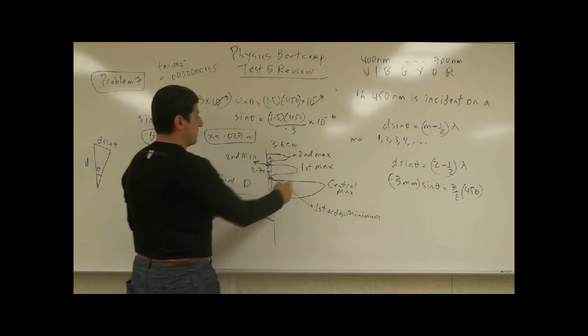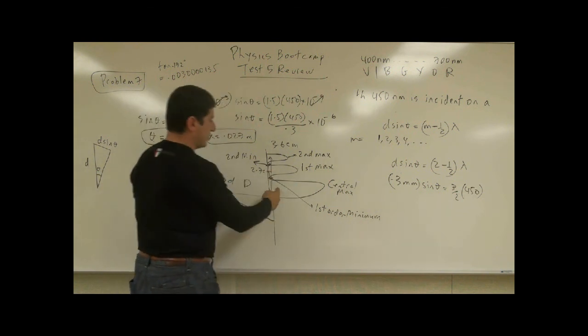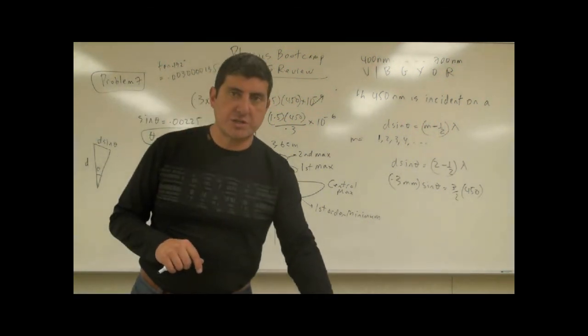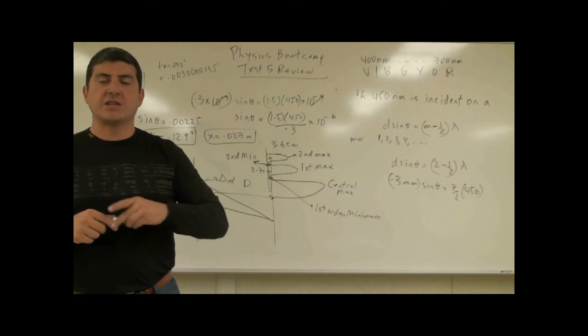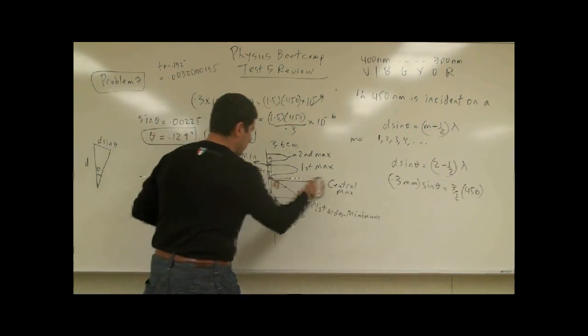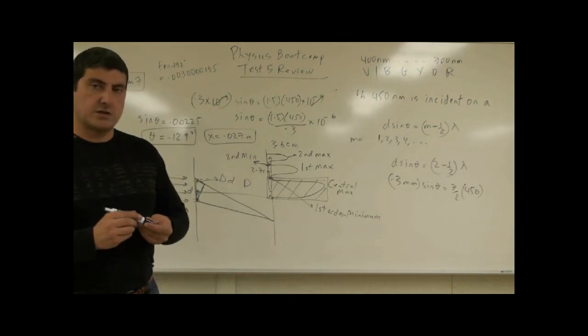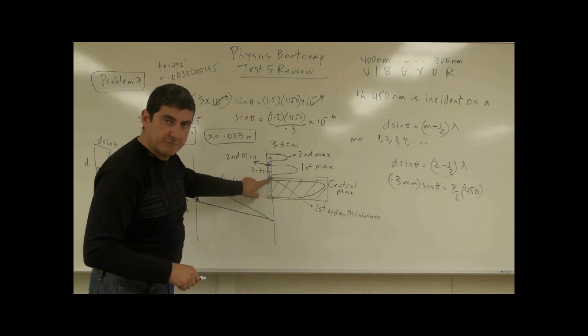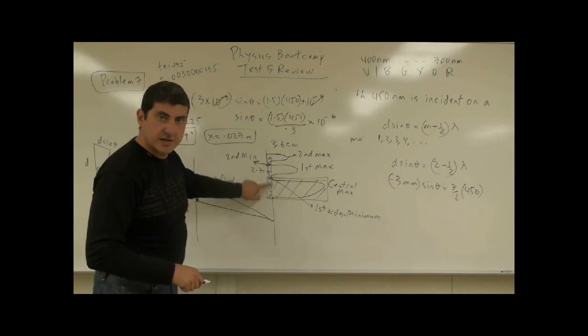You could do first maximum, first minimum, and then of course the central maximum is itself, okay? Sometimes the way that this question might be worded to you is this way. They might say, what is the thickness of the central maximum? Well, the idea for that is you have to find the distance to the first minimum and then double that, right?